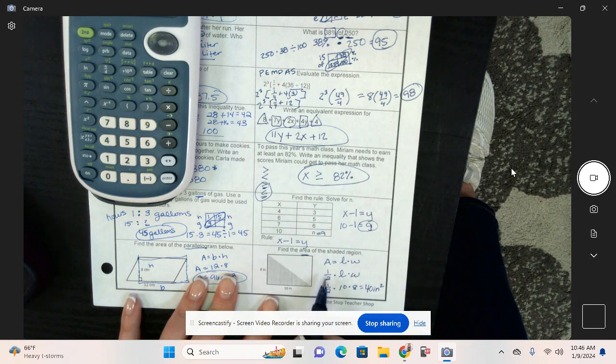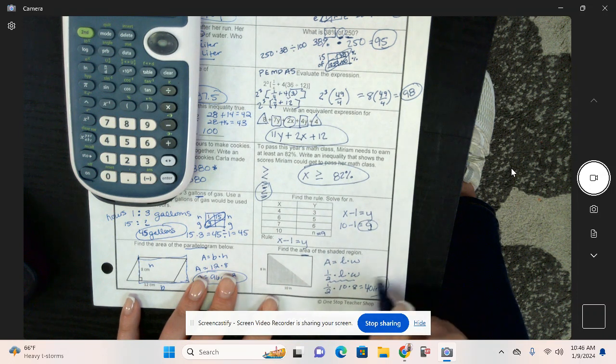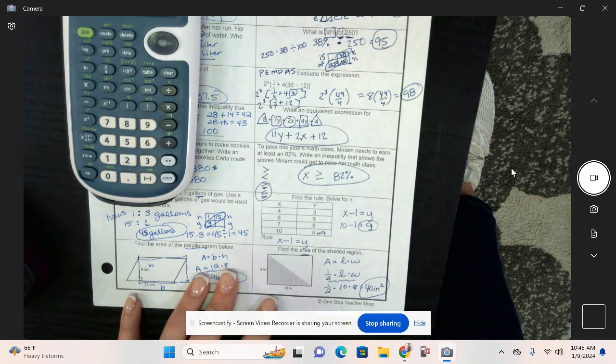And what you'll actually find out is this formula right here is the area of a triangle. If you look, the shaded region makes a triangle, because a triangle is half of a rectangle. So really you just needed the formula for a triangle. And so our answer ends up being 40 inches squared.